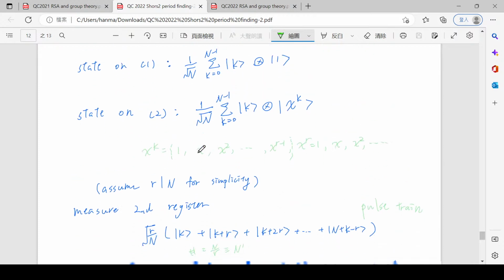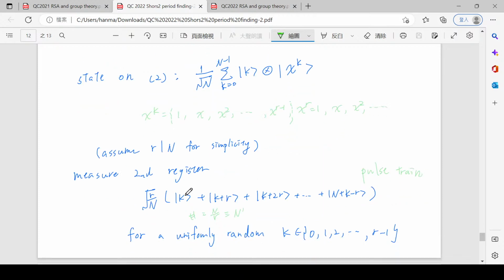And then the quantum part happens. You get one of these values, and then you also collapse the first register to the corresponding values. Let's say you get a random k out of those possibilities. Then the first register will also collapse to the corresponding k's.